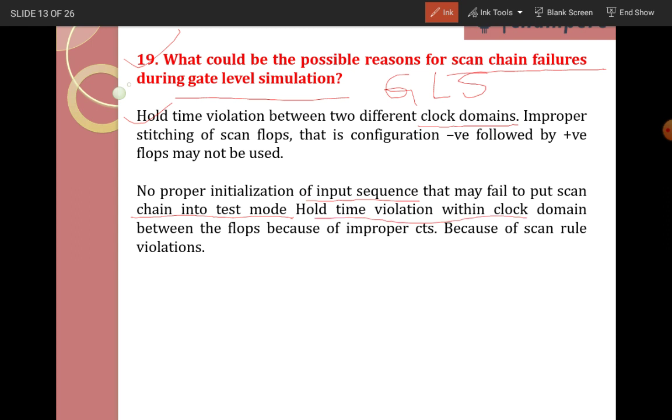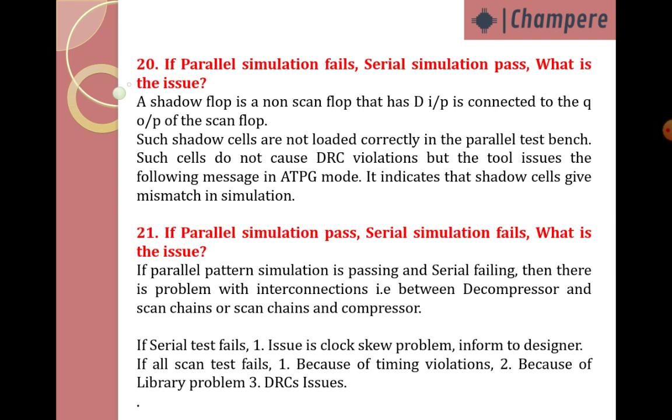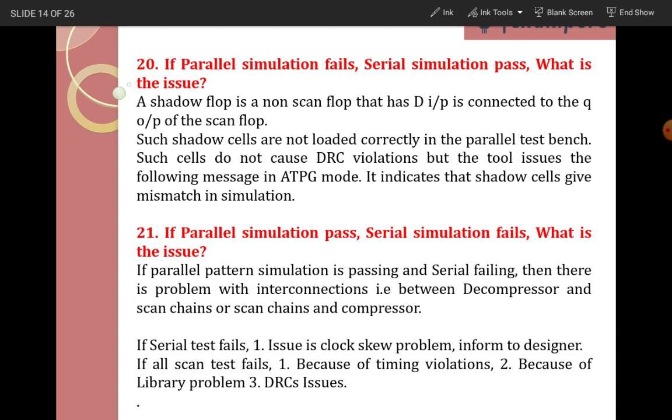Hold time violations within a clock domain between the flops because of improper CTS, clock tree synthesis, or because of scan rule violations. So these are the possible reasons scan chain failure occurs. These are two important questions that interviewers may ask.